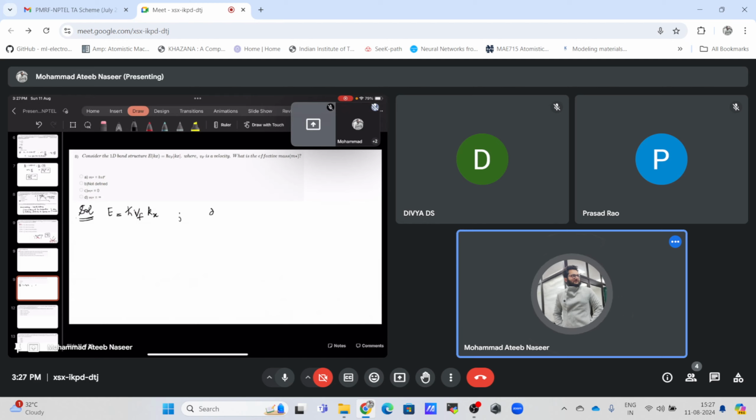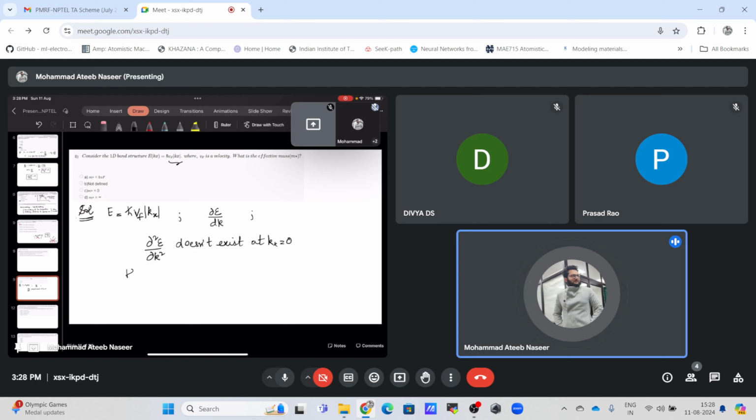We know that this will have a first derivative which is constant, and the second derivative will not exist at k equal to 0, because this is a modulus function. As a result, d square E by dk square does not exist at kx equal to 0.